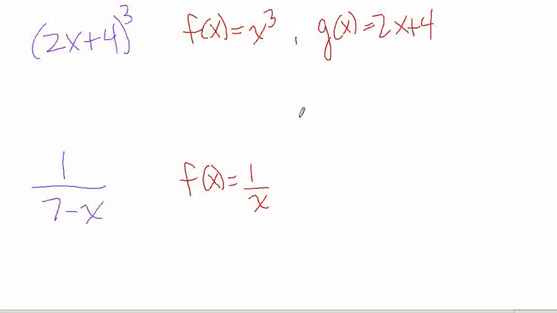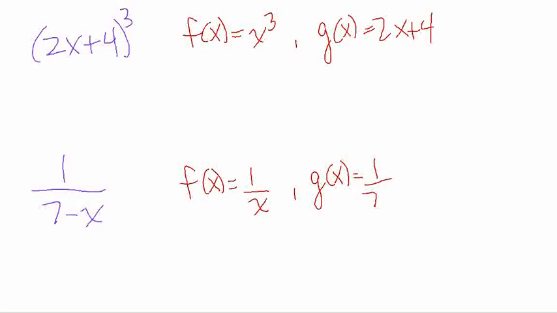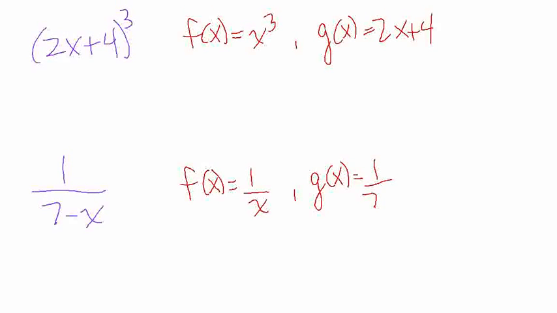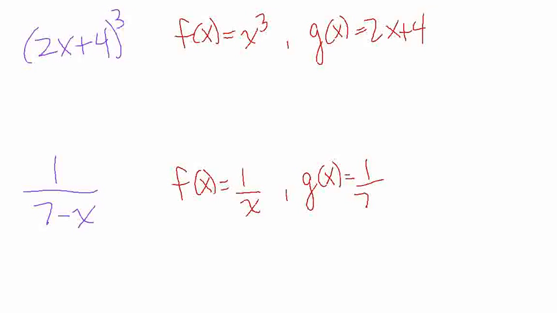What are we inverting? We're inverting in the last problem 7 minus x. All right, so that's what g of x has to equal. So let me make that correction. (7 minus x). Okay, so now we take our derivatives.